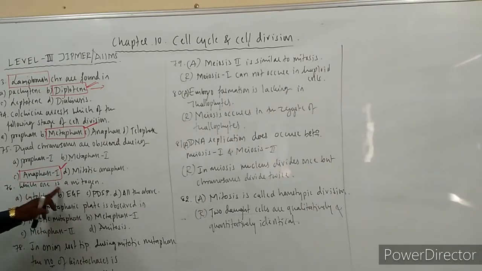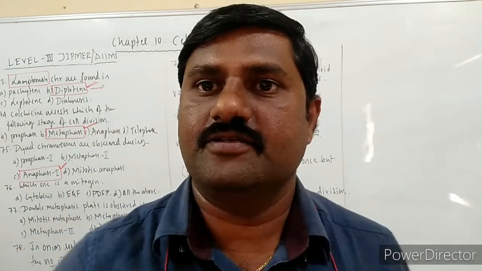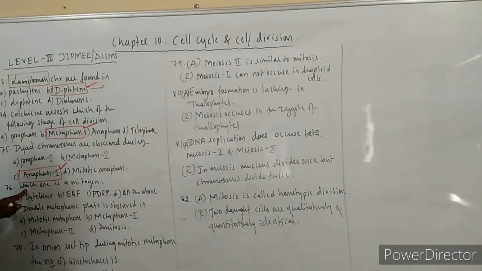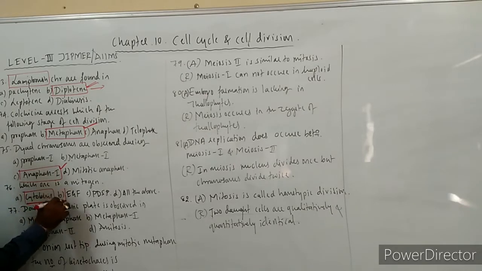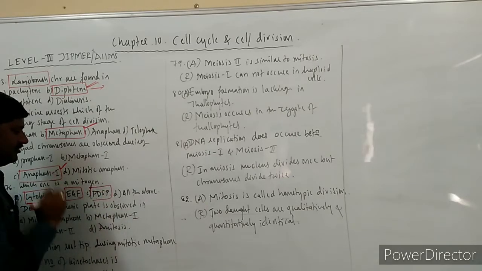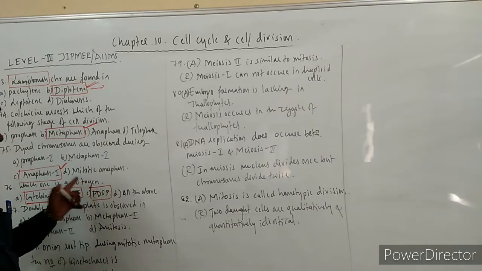Next one, which one is the mitogen? Mitogens are substances that help in cell division. So cytokinin is one kind of mitogen. EGF is also one kind of mitogen, and platelet derived growth factor is also one kind of mitogen.